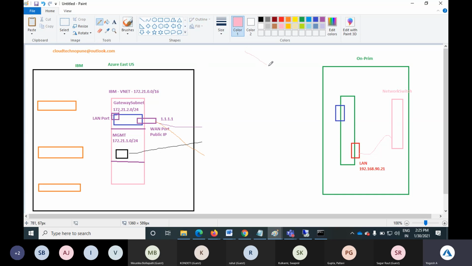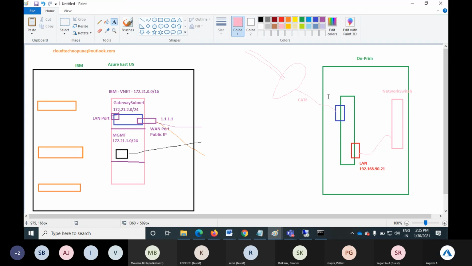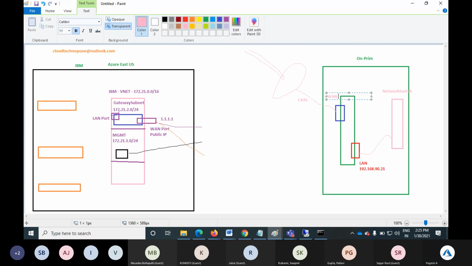So this is a fiber cable coming from ISP, and that ISP is providing one router, and this is the fiber connectivity, and from that router to my firewall WAN port, which is the normal cable, which is Cat6 cable. Okay. So this is a WAN port.